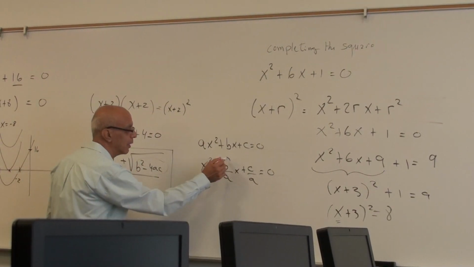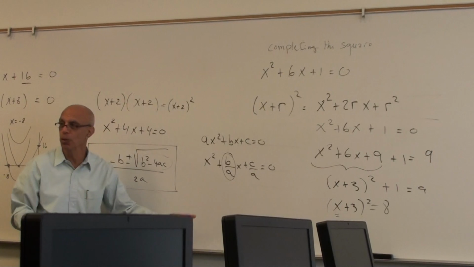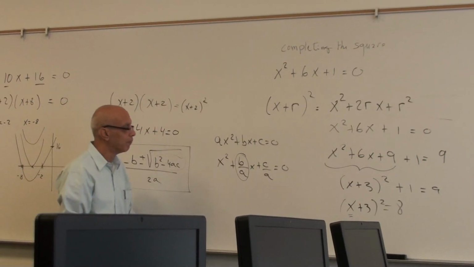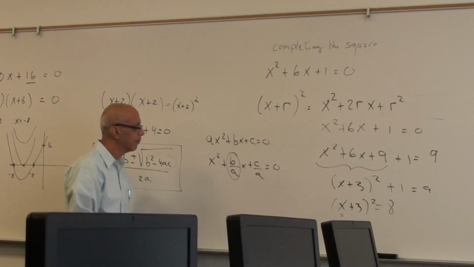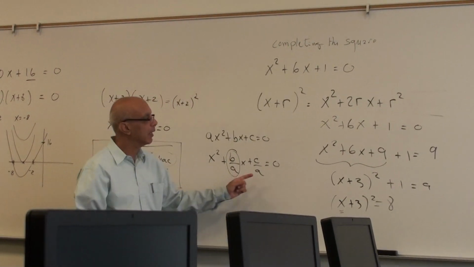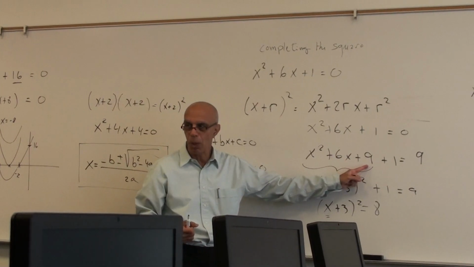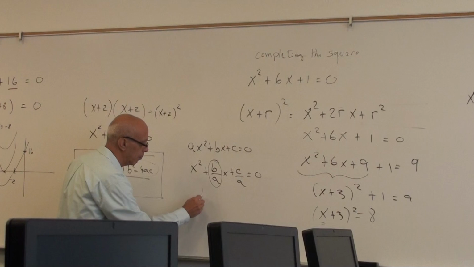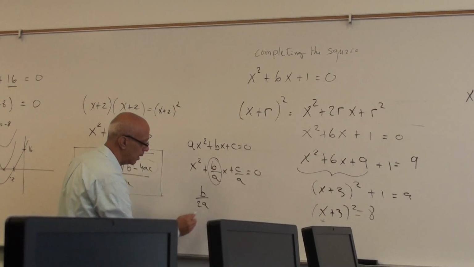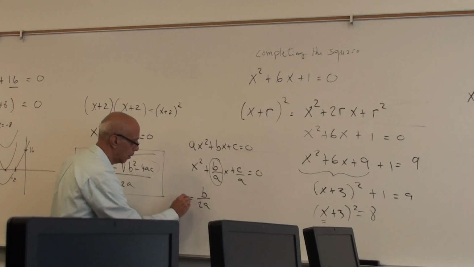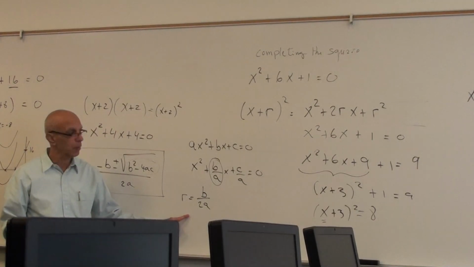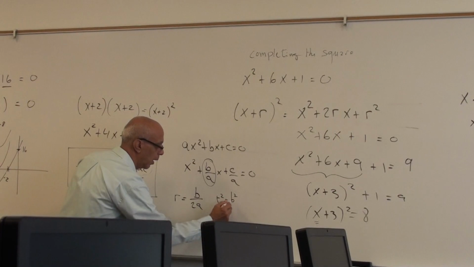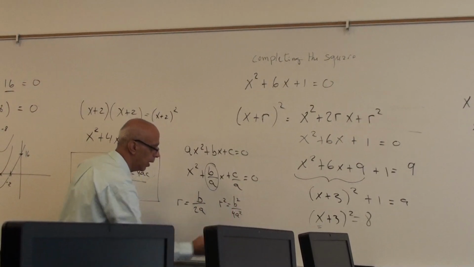So you get this guy here, divide by 2, and you have r, right? So you could do that, and then that gives me a hint of what r squared is going to be. It's going to be this term, b over 2a, that's r. So r squared is going to be b squared divided by 4a squared.